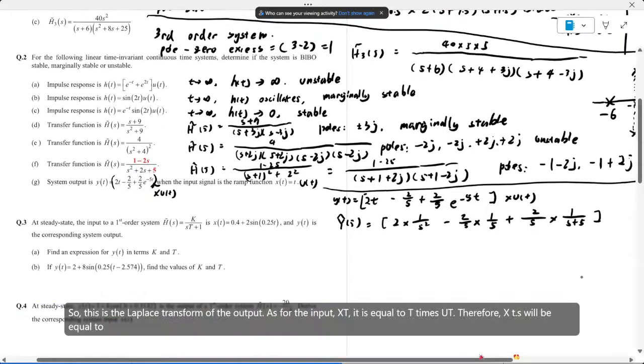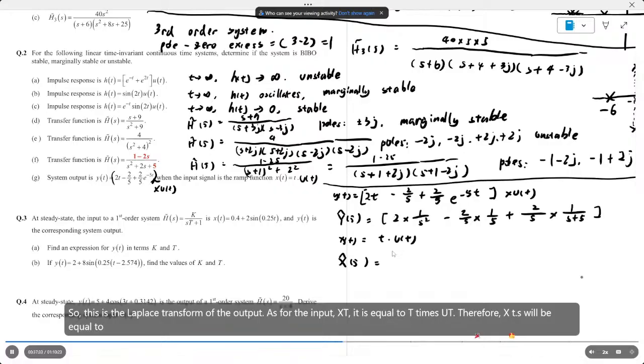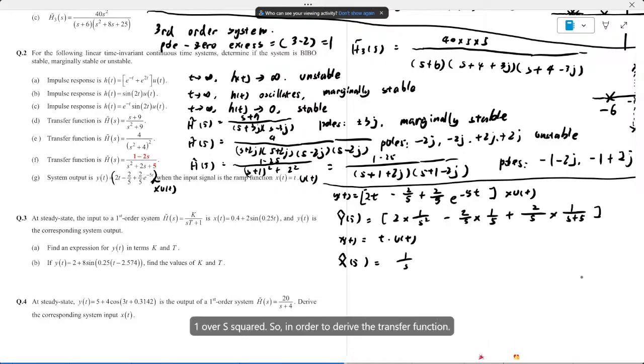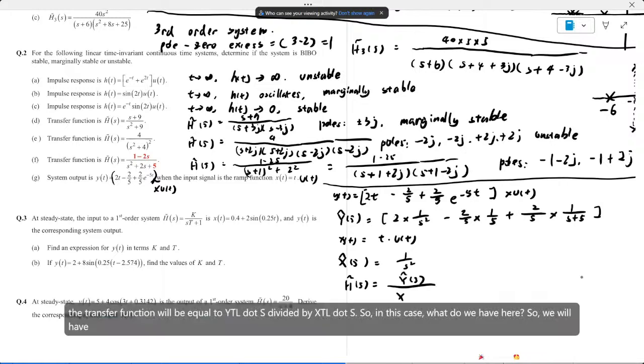So this is the Laplace transform of the output. As for the input, x(t) is equal to t times u(t). Therefore, X(s) will be equal to 1 over s squared. So in order to derive the transfer function, it will be equal to Y(s) divided by X(s).